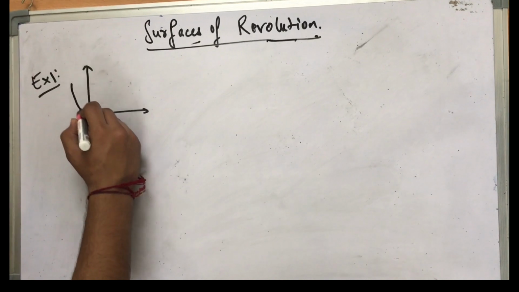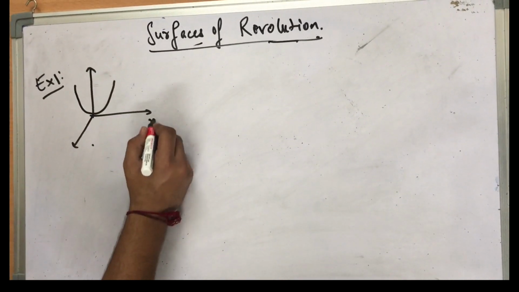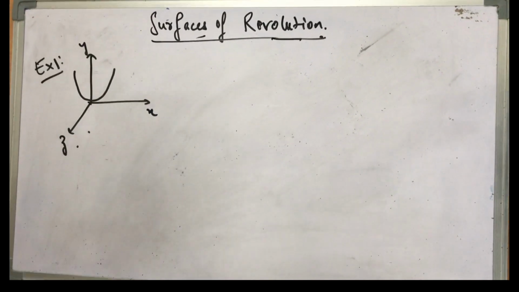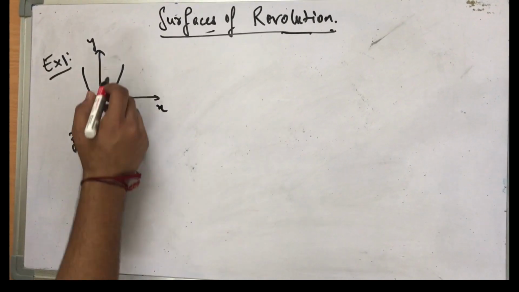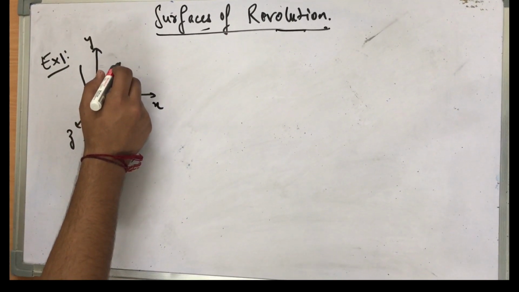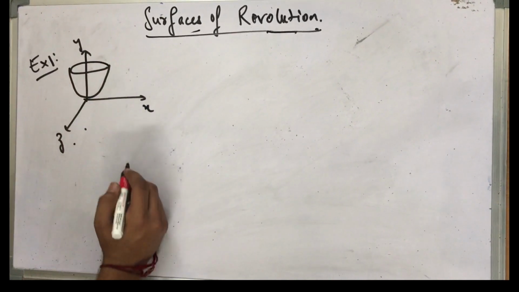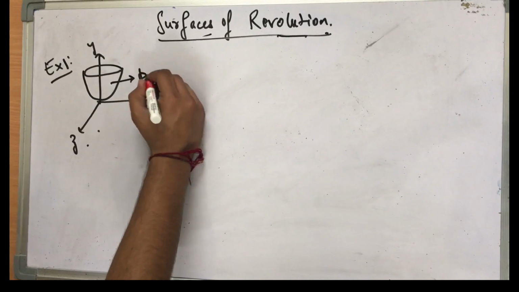So I have this parabola in the xy plane, and this is being rotated about the y-axis. So this is a paraboloid.